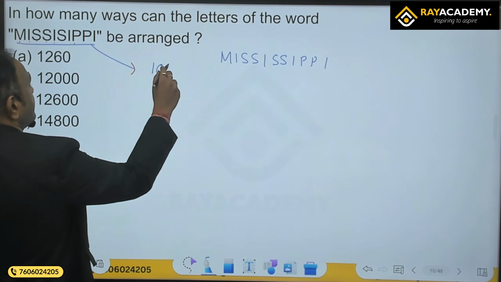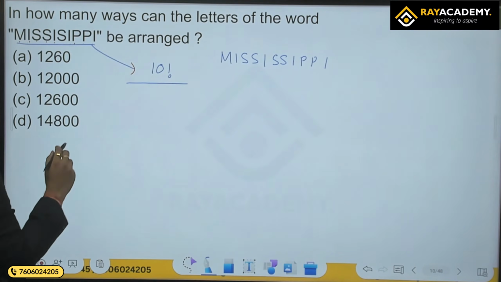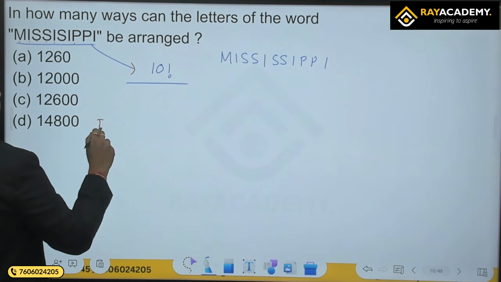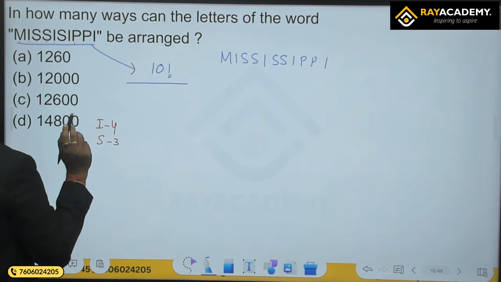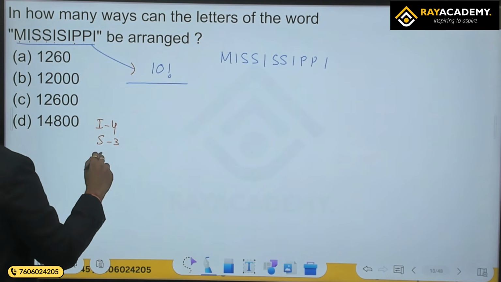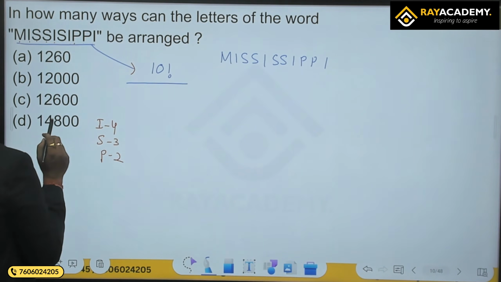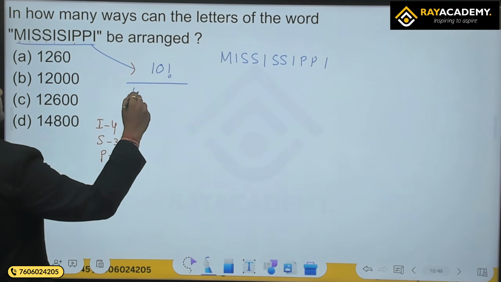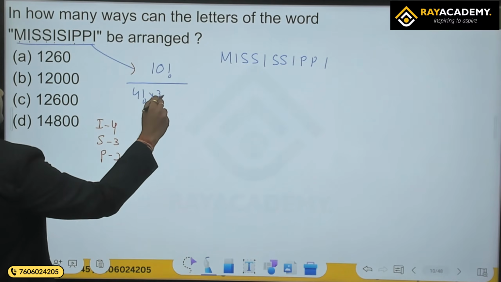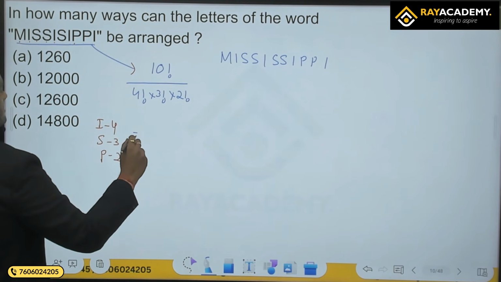So it will be 10 factorial divided by what are the things repeated? I repeated 4 times, S repeated 3 times, and P repeated 2 times. Nothing else. So you can just divide by 4 factorial into 3 factorial into 2 factorial. Let us see.